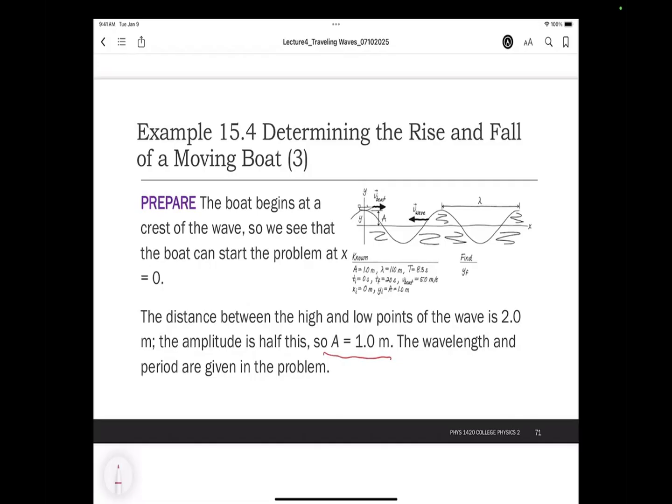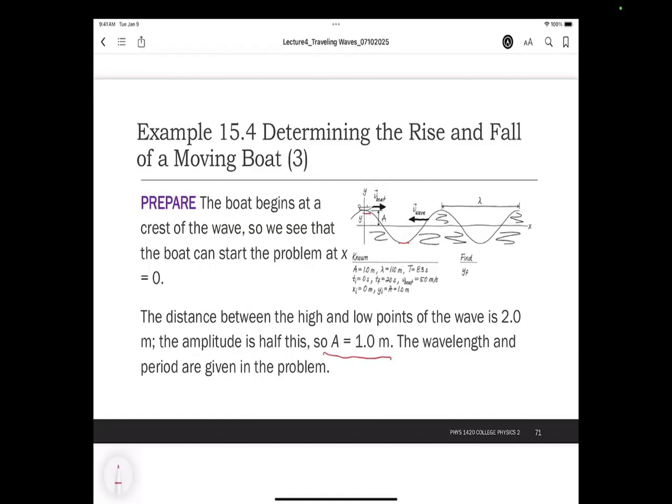Oh, sorry, my mistake. The distance between the low and high points of the wave is 2 meters, so the amplitude is half of this. So A, the maximum displacement, is 1 meter.